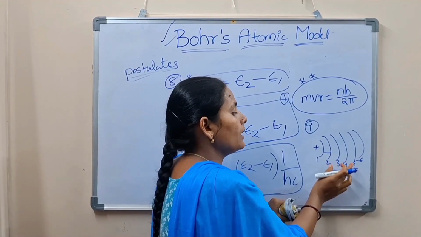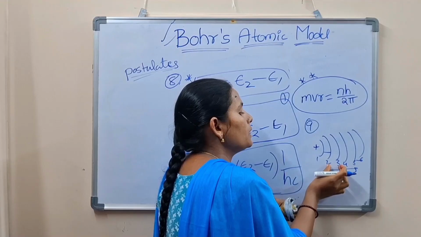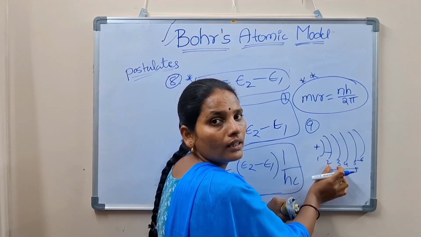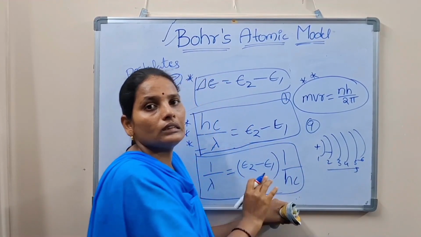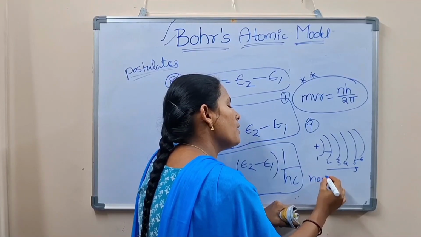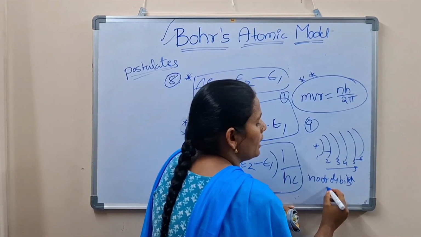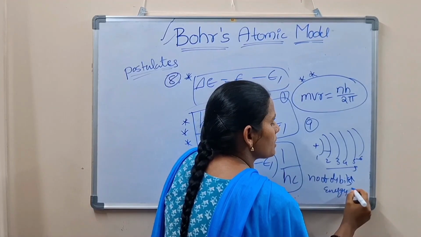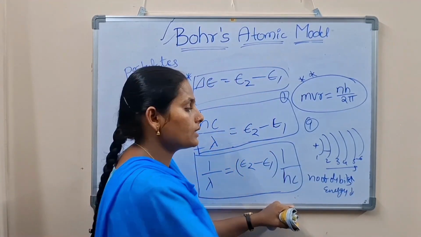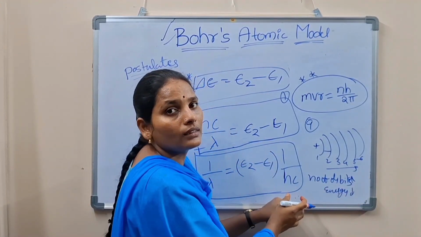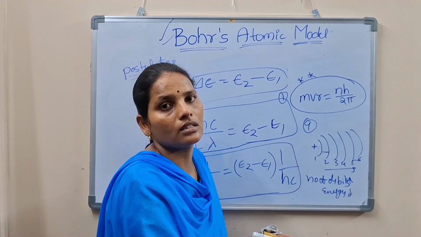The energy difference between second and third is more than third and fourth. He is telling that as the number of orbits increases, energy decreases. As the successive orbits increase, energy decreases.